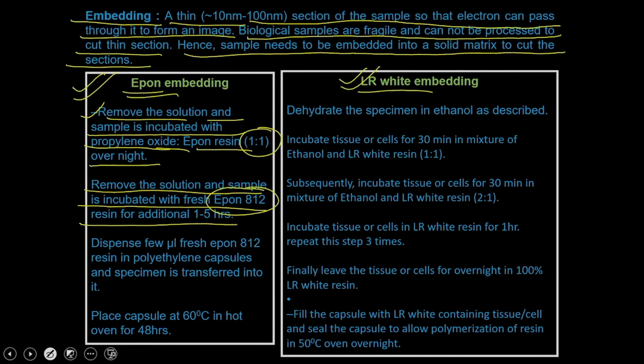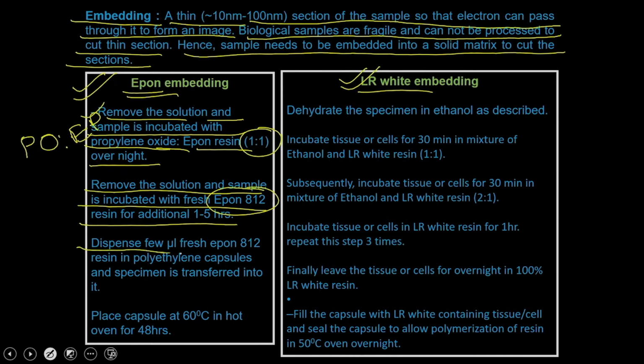What you see here is you are adding the propylene oxide and Epon resin mixture. Very slowly we have removed the propylene oxide and then added the Epon resin, and that has now changed.